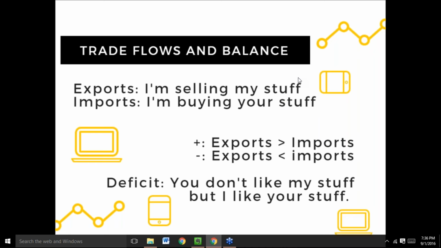However, on the other hand, if Australia imports more than they export, meaning they buy more stuff from other countries, they will experience a deficit. You know, a deficit. That means you don't like my stuff, but I like your stuff.